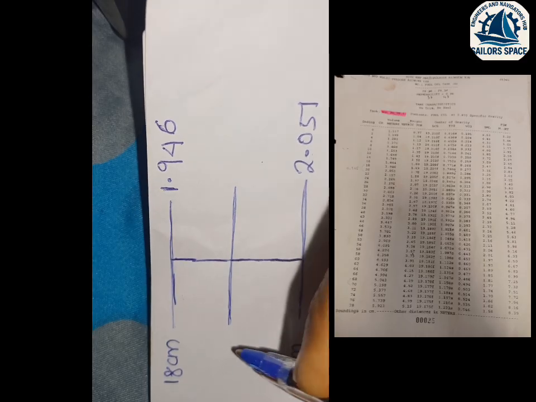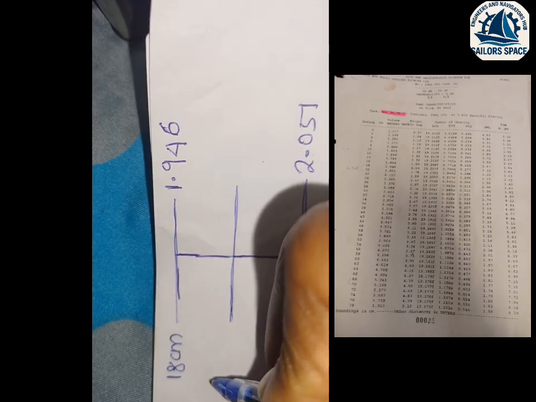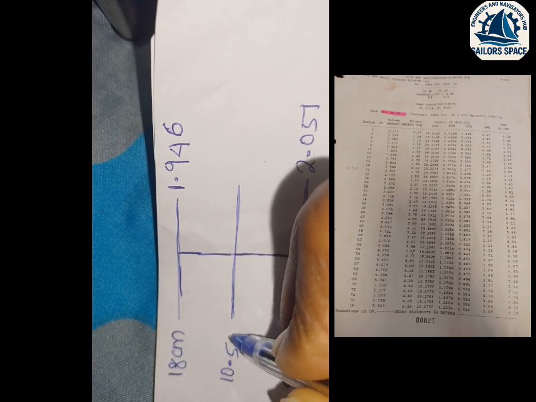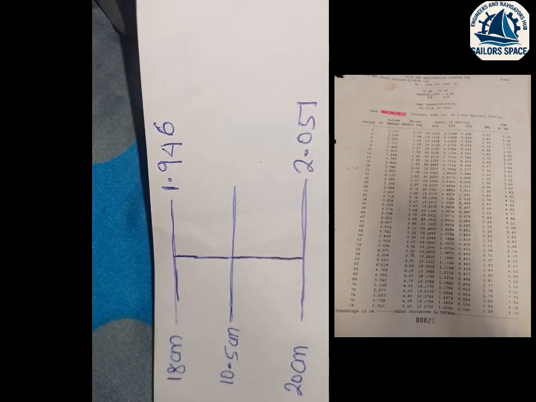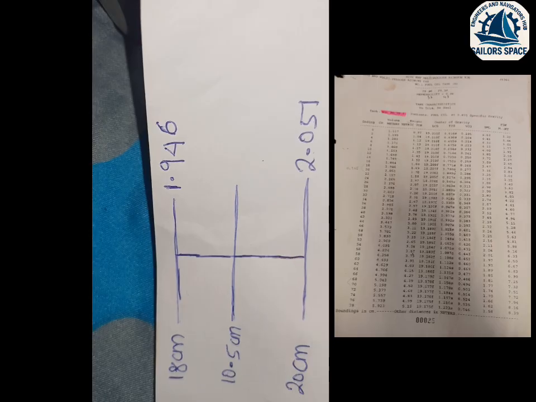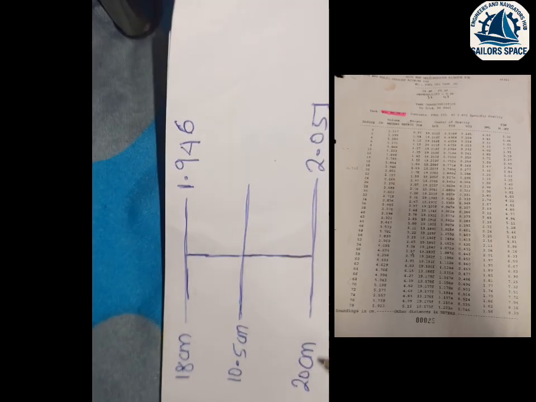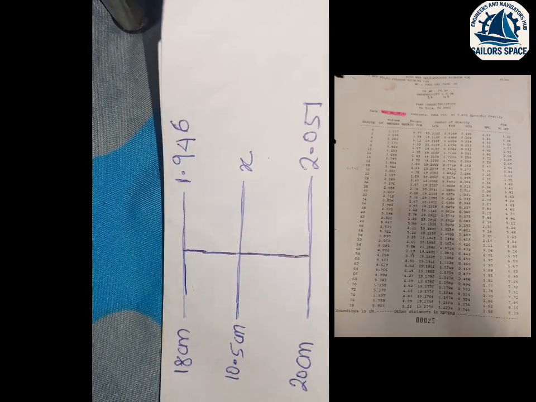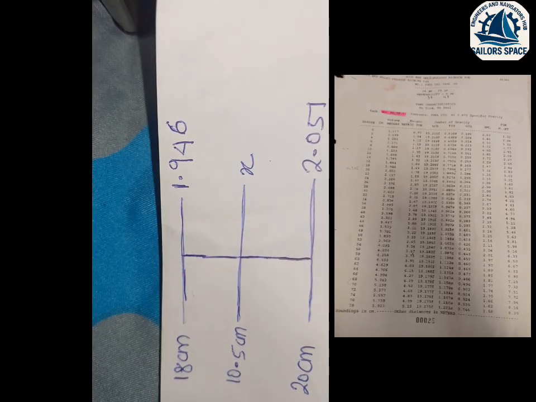So let's assume during my sounding, I had a value of 10.5 in cm. Let's just say I have a value of 10.5. So what will the value of the liquid in the tank be?